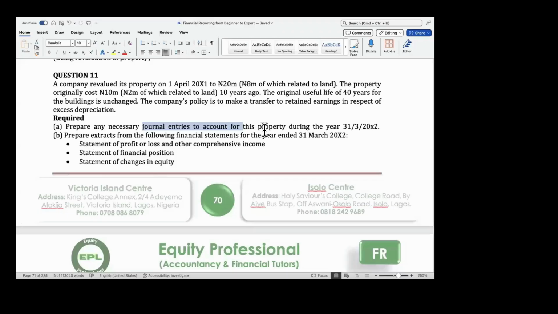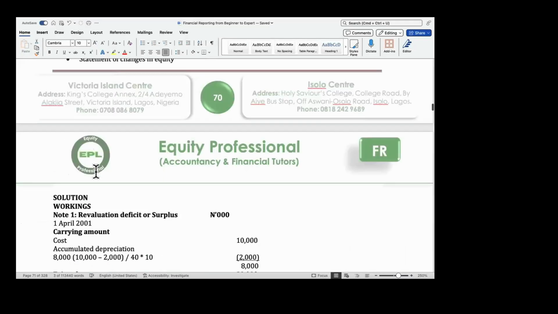So the major thing here is that there was a revaluation on these dates. And whenever there is a revaluation, we must compute revaluation loss or revaluation gain. That's the first thing we do.